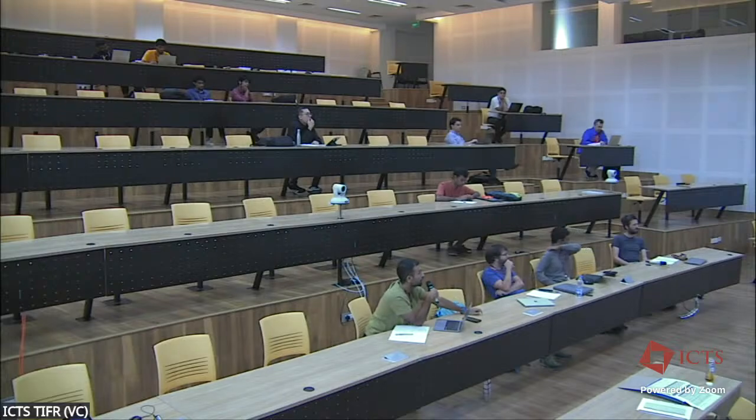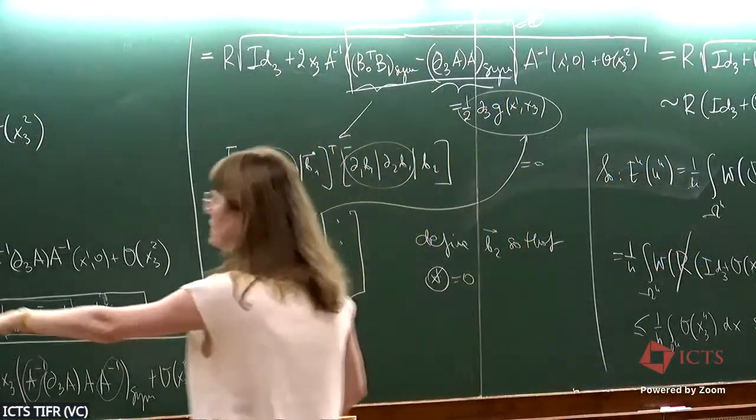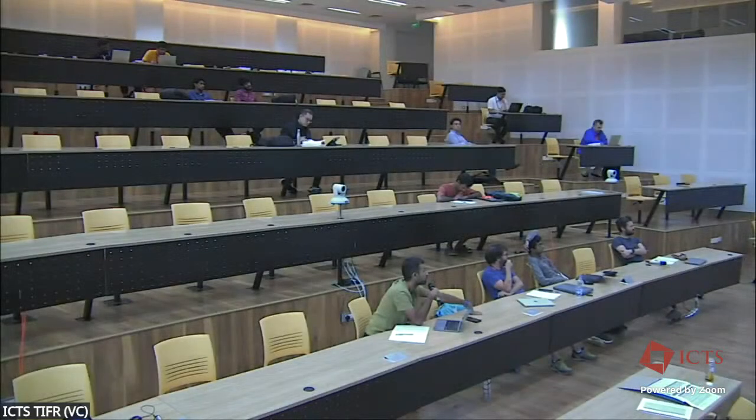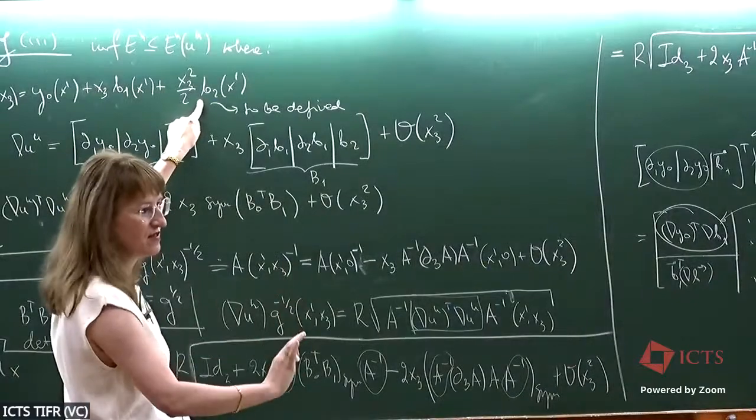Exactly. So you have B2 vector, which is there, not yet defined. Here I only have y0 and b1. Yes, x3 times capital B1 has the B2 vector in it. Yes, I say B2 will be defined later. That is the ansatz that I make. UH is y0, which I know, and B1, which I know, and I say I have to, at the level of x3 squared, add something else. I don't know what it is yet.